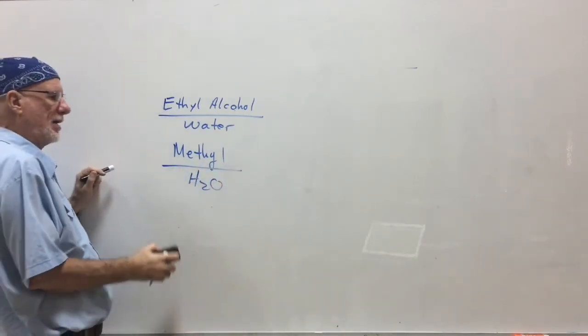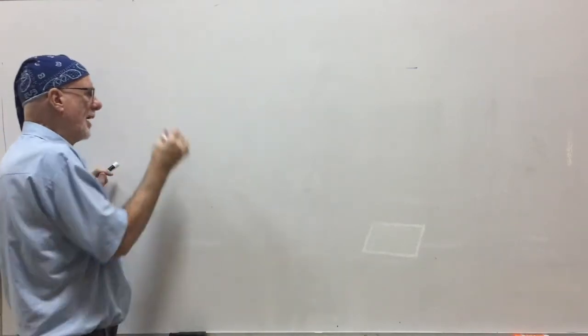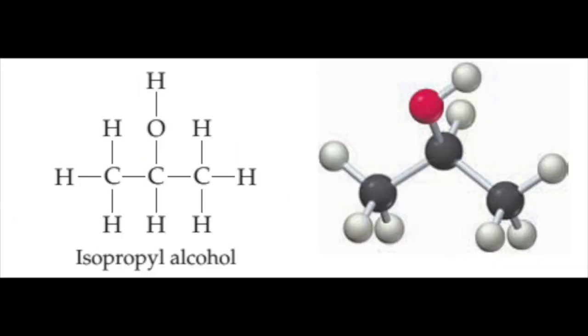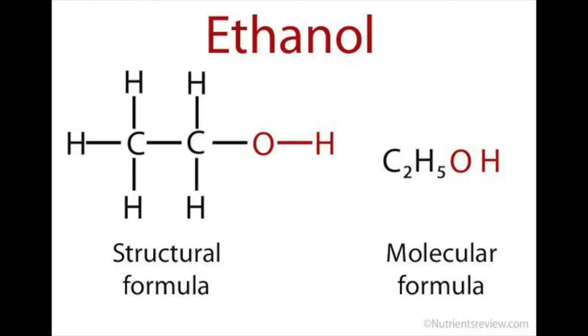You may at home use isopropyl alcohol. This is isopropyl alcohol. That's actually an old common name. Propyl from propane, or 3 carbons, propane, and the iso means it's on the central carbon, isopropyl alcohol. And you can see the red oxygen and the OH is on the central carbon.